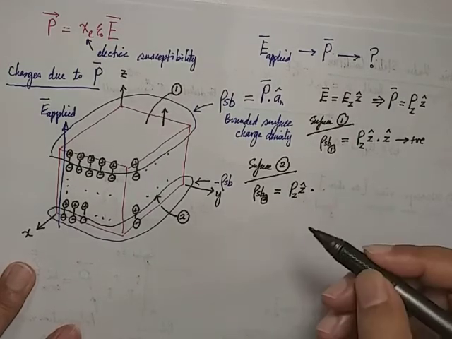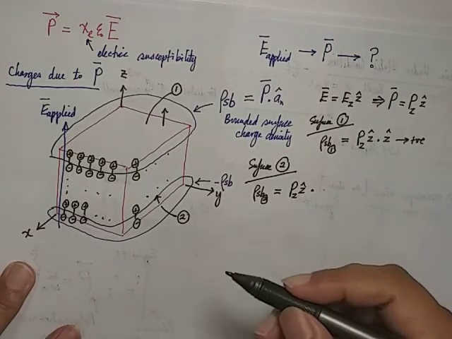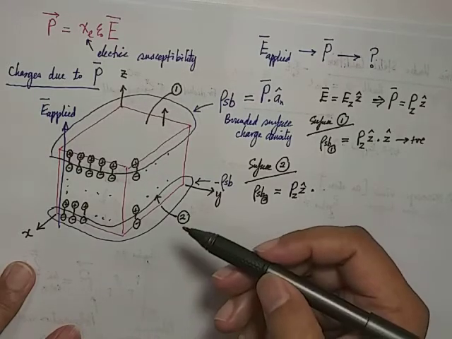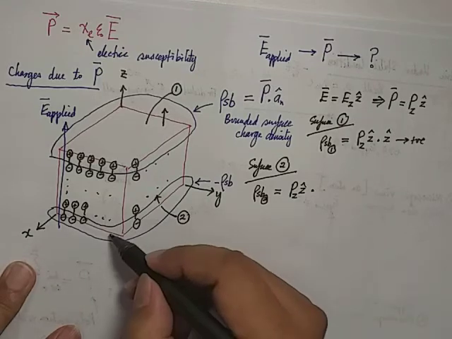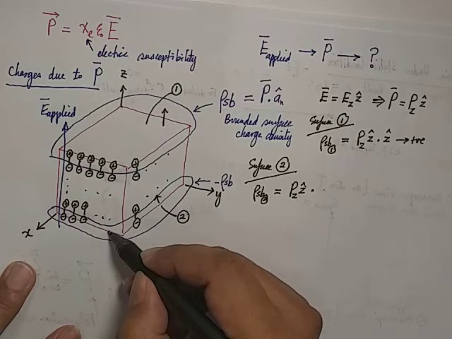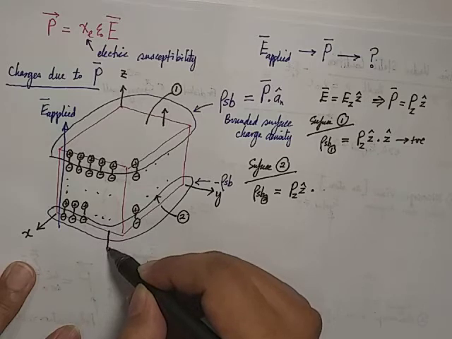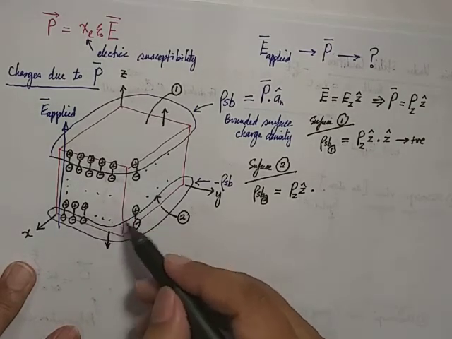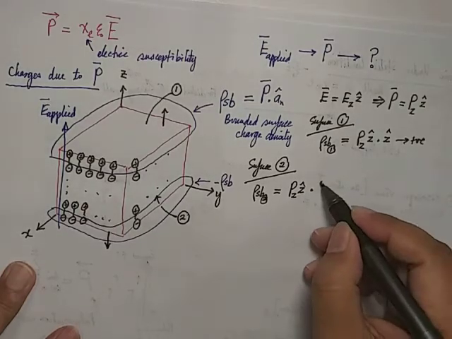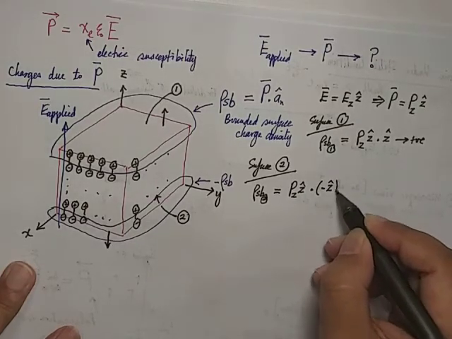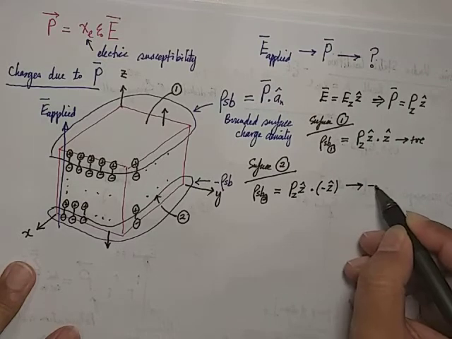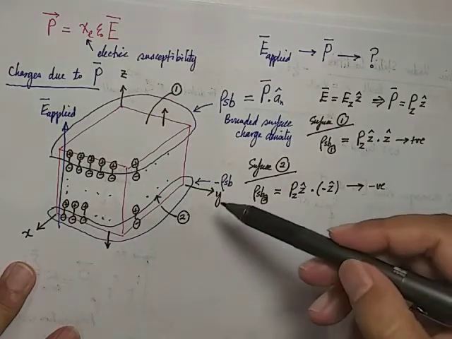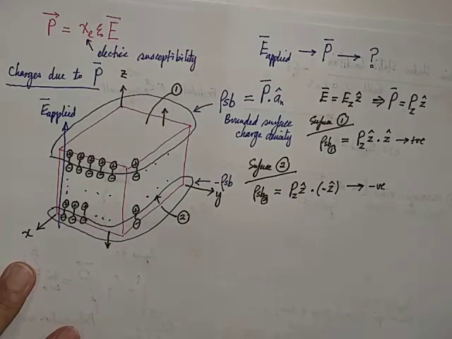But the a_n, remember, should be normal to the boundary, normal to the surface, but the direction must be away from the dielectric. So away at this particular surface should point downward, correct? Because the dielectric is now located in the upper region. So now away should be negative z. So therefore it should end with a negative sign. That's why you can see this bottom region is represented by a negative value.